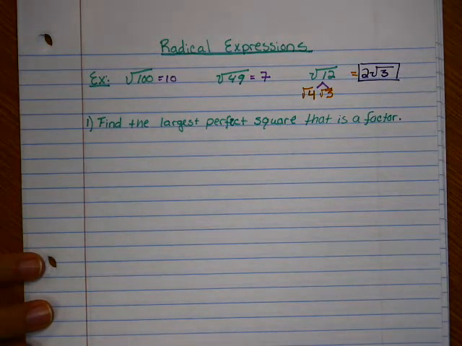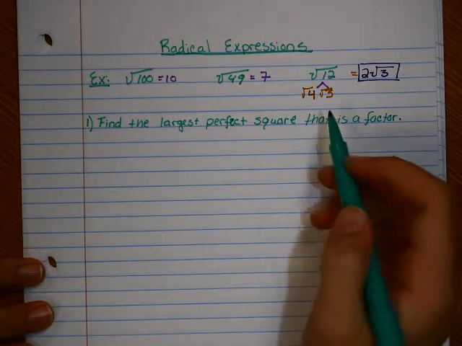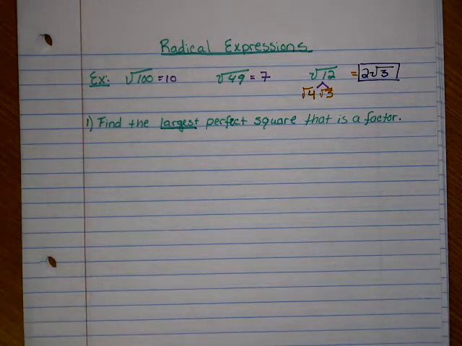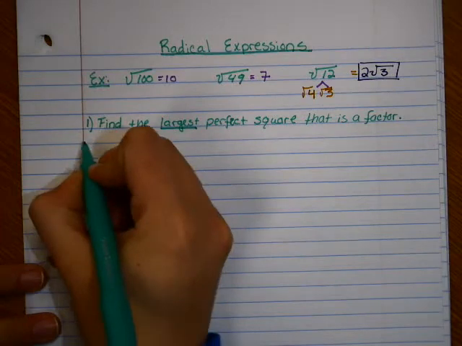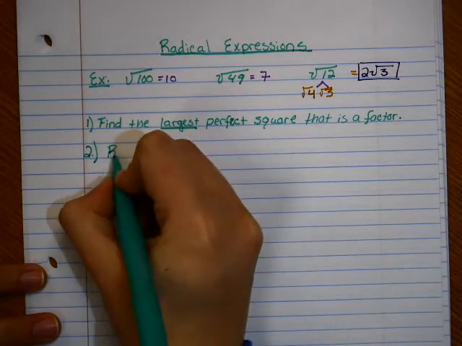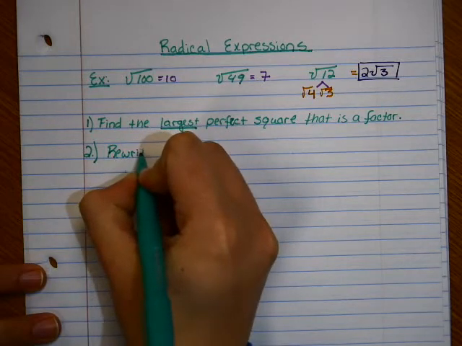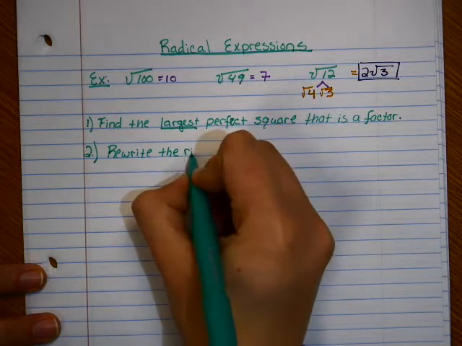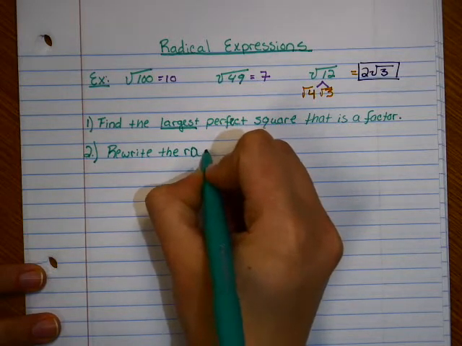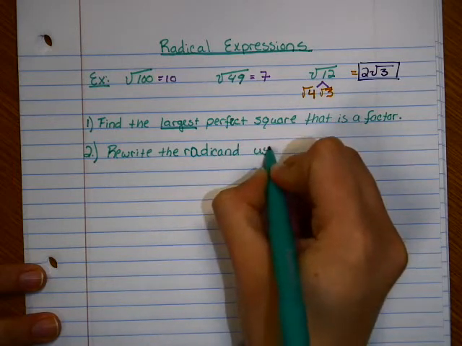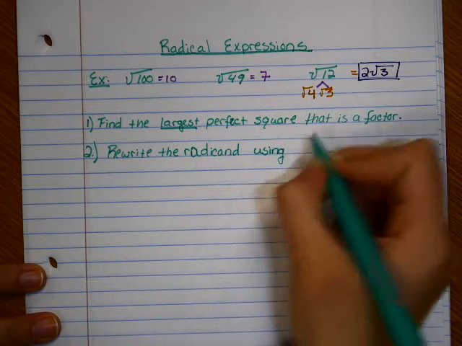Once we've found that largest perfect square, and it's important that it's the largest because then we know we can simplify it without taking too many steps. Then your second step is to rewrite the radicand using the perfect square we found.